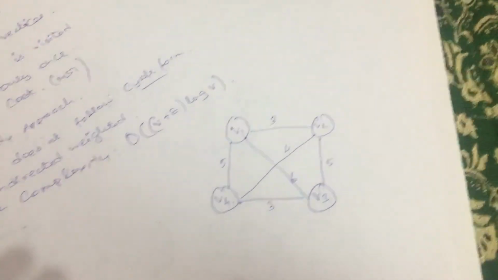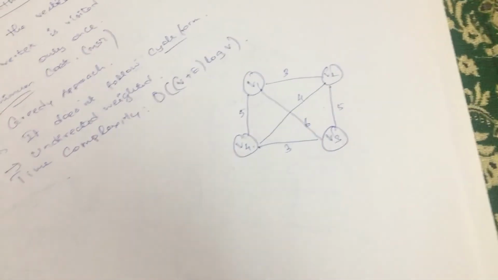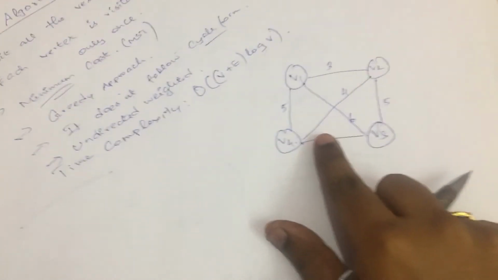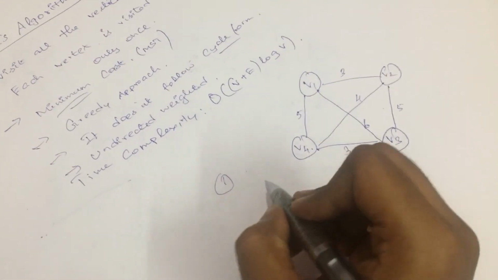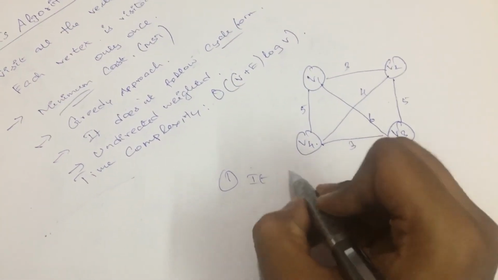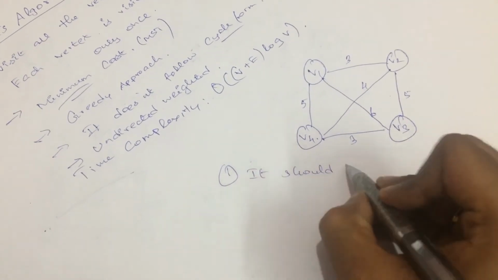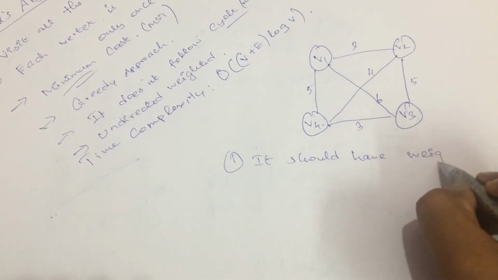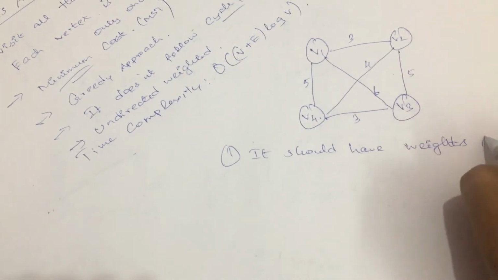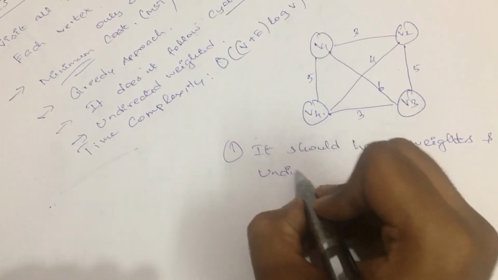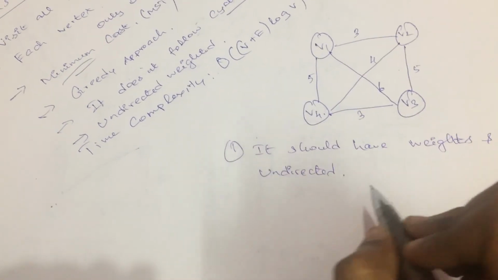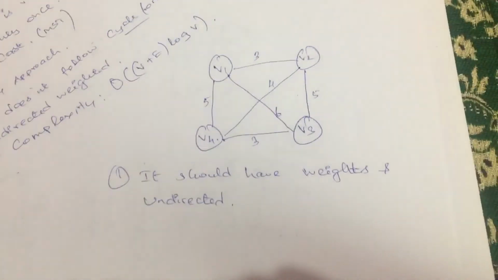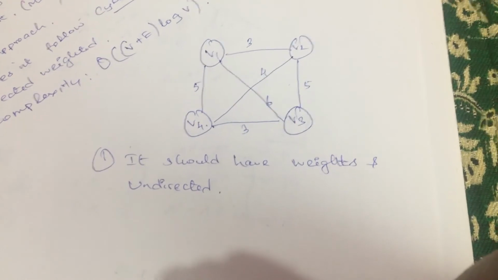First, we need to follow 3 steps to make this a minimum spanning tree. The first step is that it should have weights and be undirected. It should always be a weighted graph, and also an undirected weighted graph.